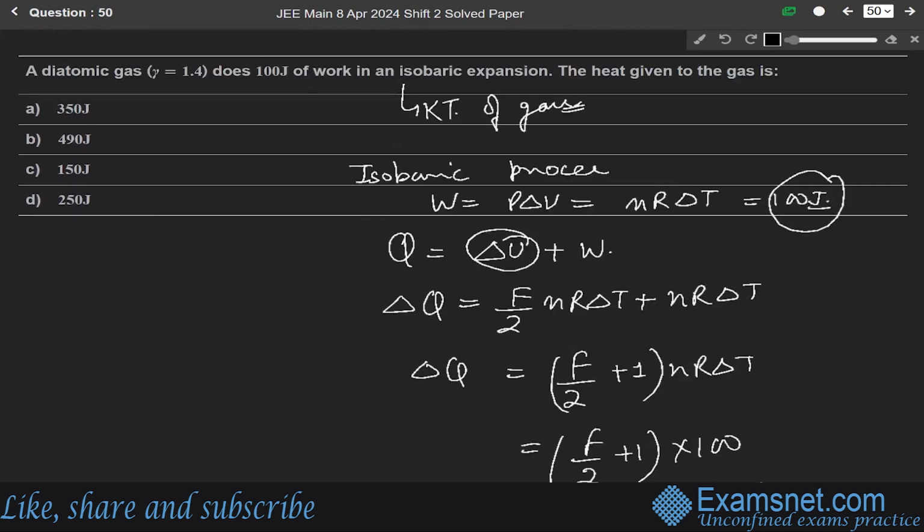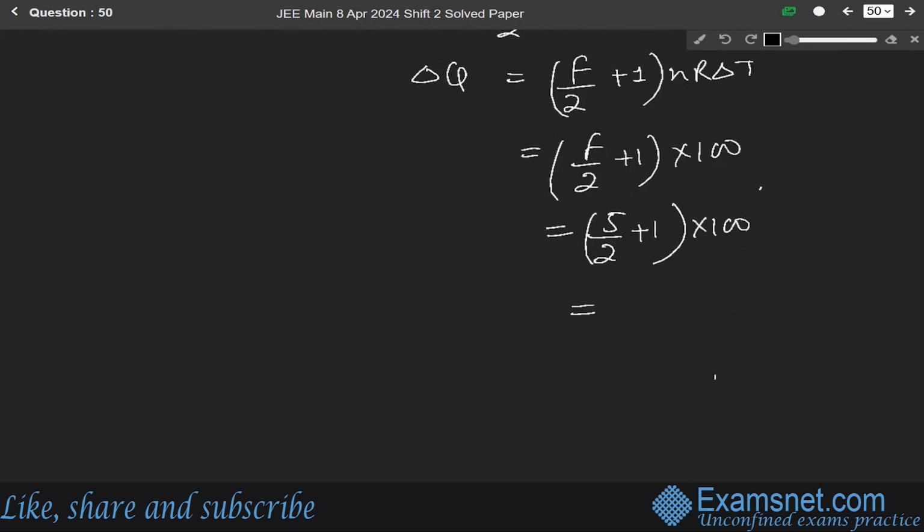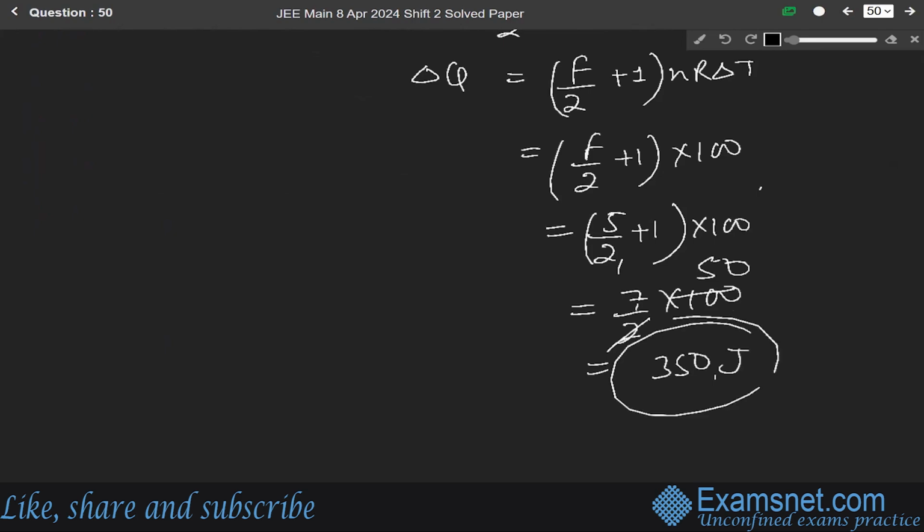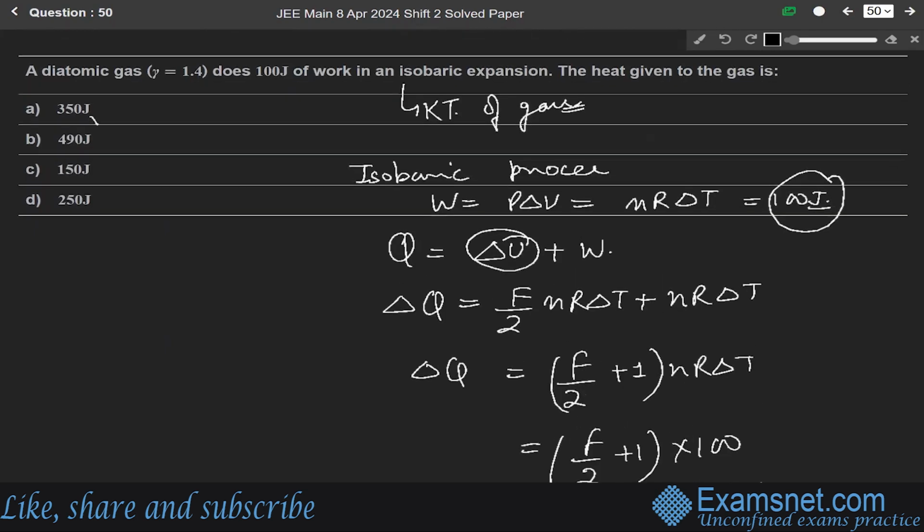We have to find the heat. Solving it, we get 7 by 2 into 100. So it will be 7 fives are 35, 350 joule. So the heat is 350 joule. Option A is the correct answer.